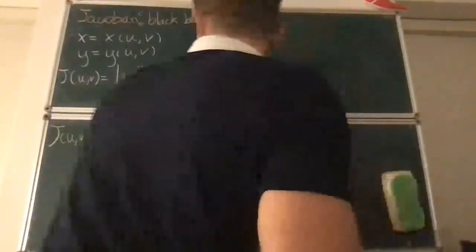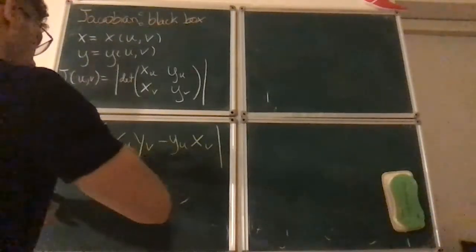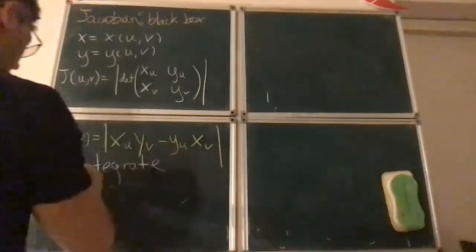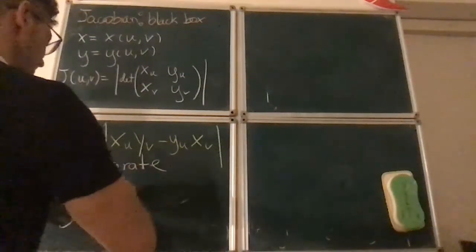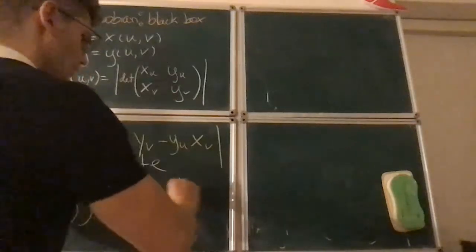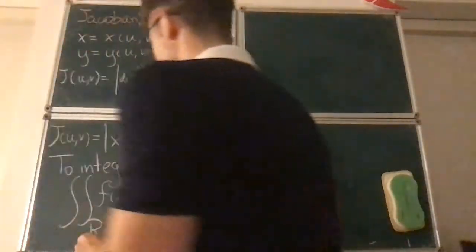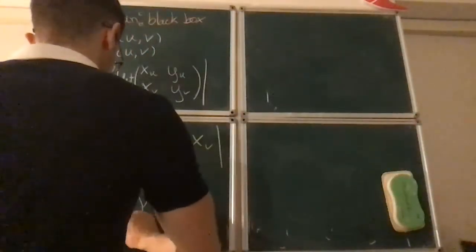So say you're given a function of two variables x and y, and you are integrating that in some region R, R being here some region in the xy plane.